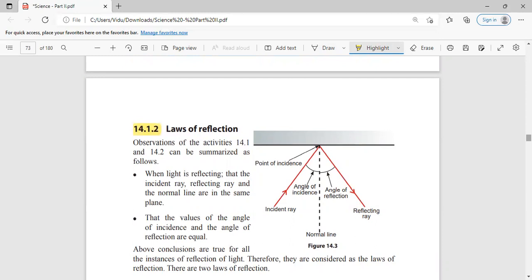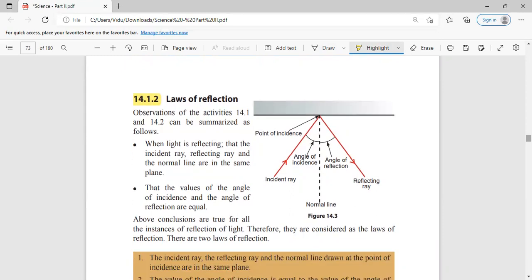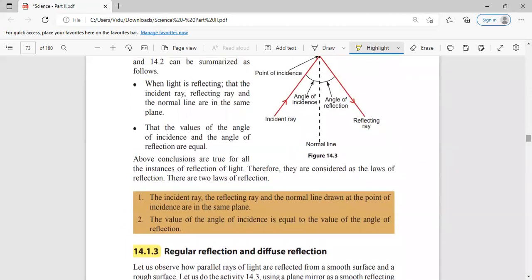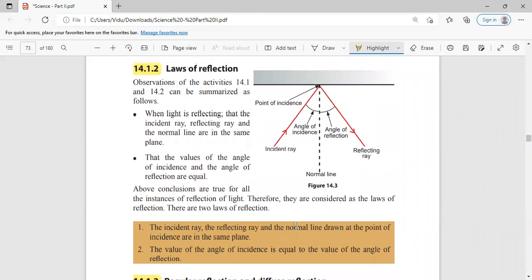The incident ray, the reflecting ray, and the normal line drawn at the point of incidence are in the same plane. The value of the angle of incidence is equal to the value of the angle of reflection. These are the two laws of reflection.